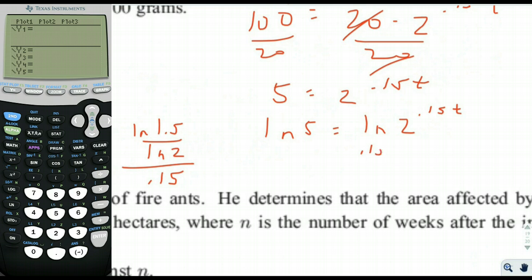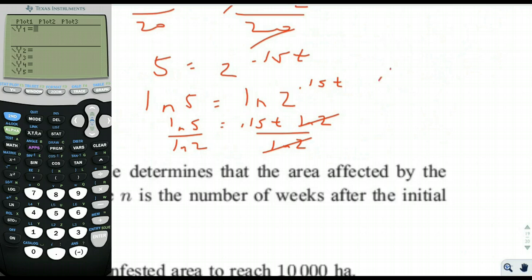This is the same as 0.15t times natural log of 2. Can divide both sides by natural log of 2. Then we end up with 0.15t is equal to natural log of 5 divided by natural log of 2.